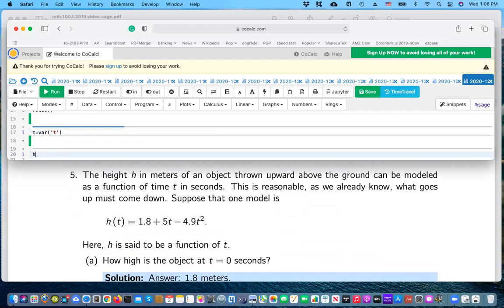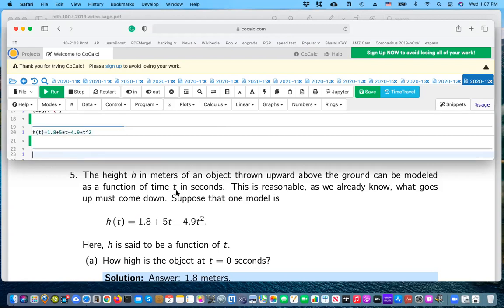I am going to assign a function h of t. I'm going to assign it 1.8, just like it is in the notes, plus 5 star t. Yes, I need to use the star, minus 4.9 star t squared. Shift return.